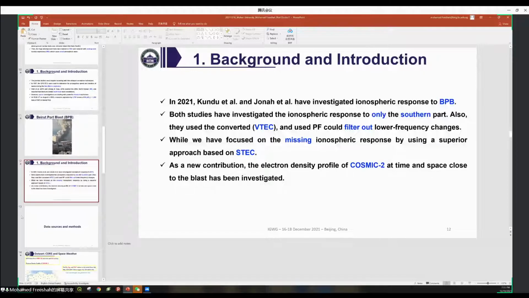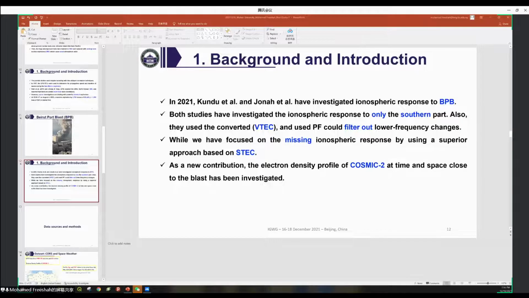Yongxin. Hi. I'm just a little bit curious about the reason why we need to research this. Because if there's a big blast, definitely we can locate it from other sources.